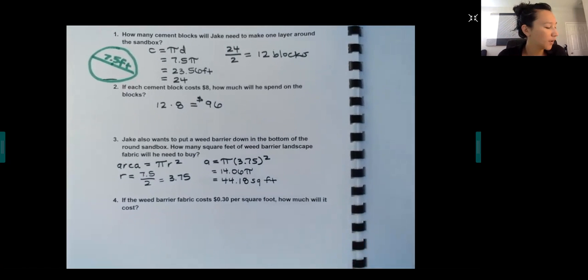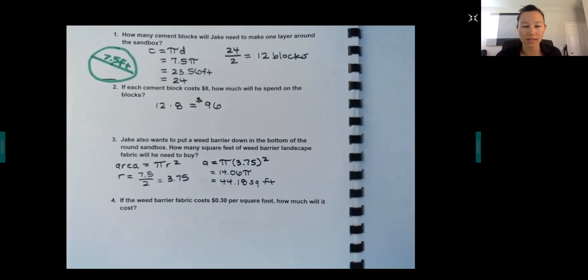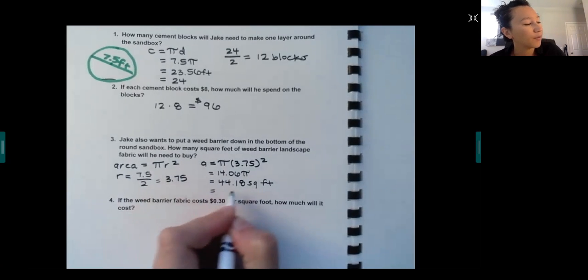Okay, and then I'll let you go ahead and try number 4. If the weed barrier fabric costs 30 cents per square foot, how much will it cost? So go ahead and calculate. And let's round to, you can't really buy 0.18 of a foot. So let's just say 45.